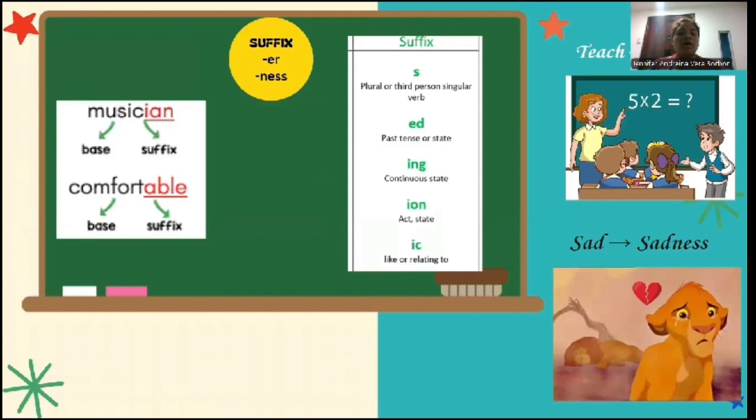They can also change a word from a verb to a noun or from an adjective to a verb or adverb. It is like giving the word a different twist, so that it means something else or is used in a different way. For example, musician, base and suffix; comfortable, base and suffix.